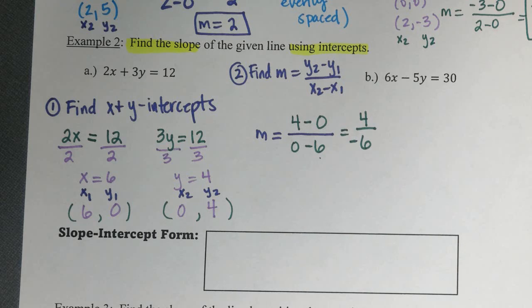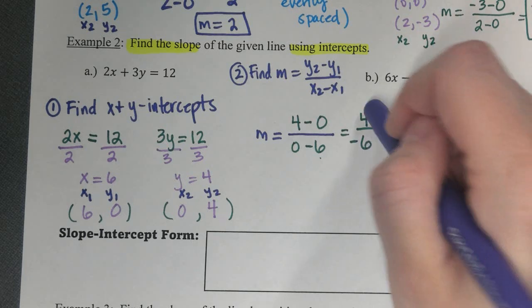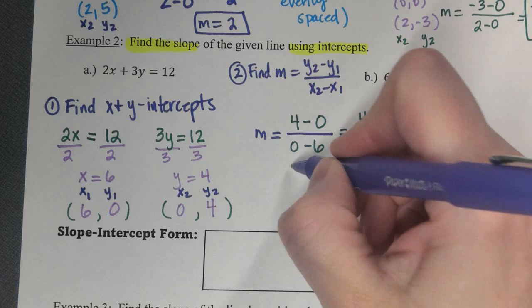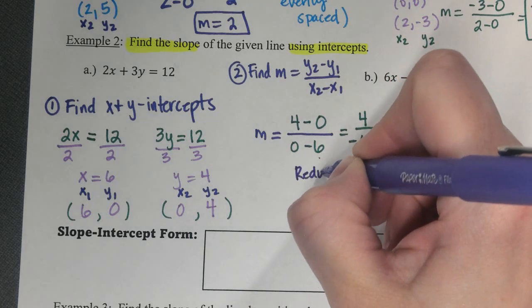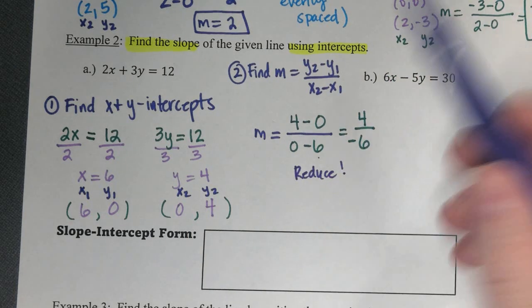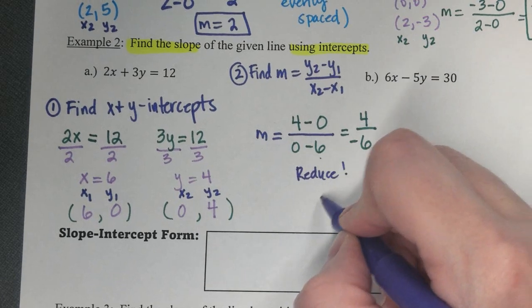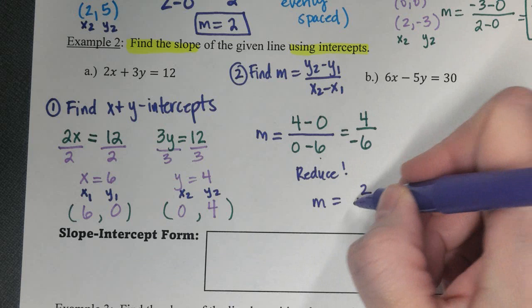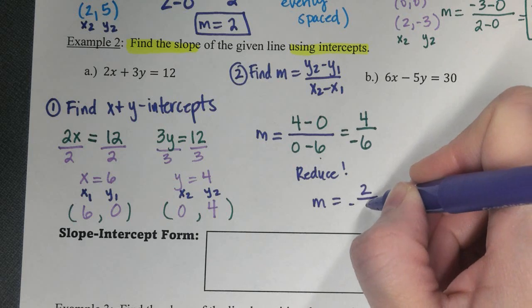You can either reduce it yourself because you might notice that both of these numbers are what type of numbers? Even. Good. They're even, which means they're both divisible by 2. So if you divide 4 by 2, 2. You divide negative 6 by 2, negative 3.